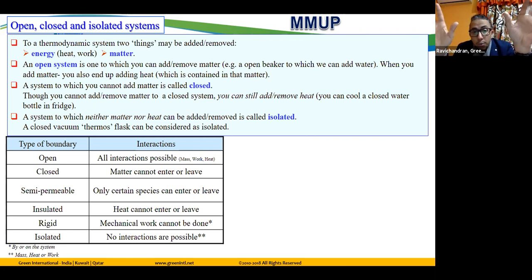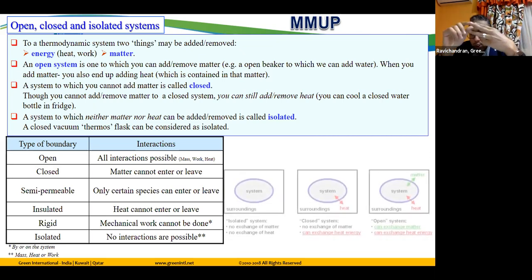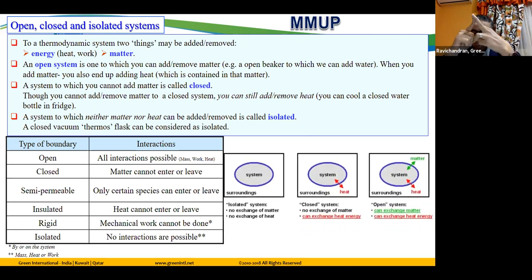For an open system, energy and mass can both cross the boundary. For an isolated system, both can't cross the boundary, so it's the total opposite of open.